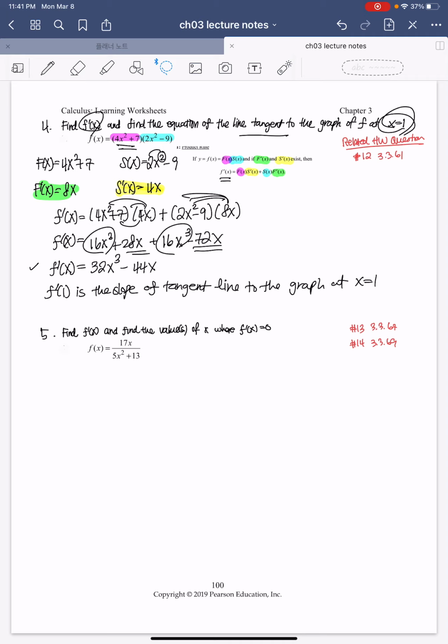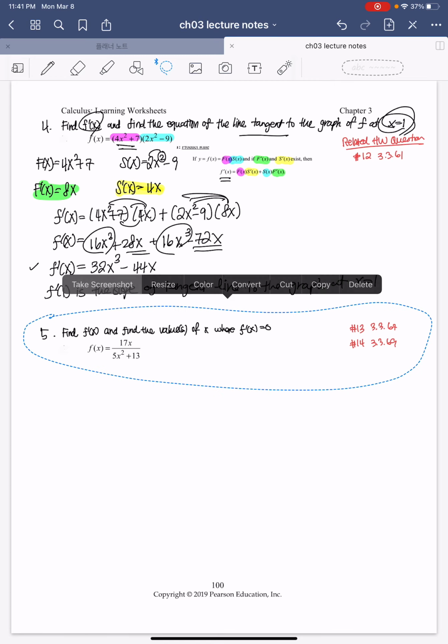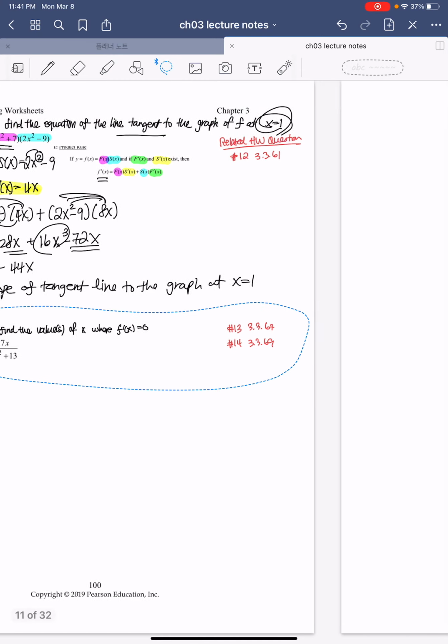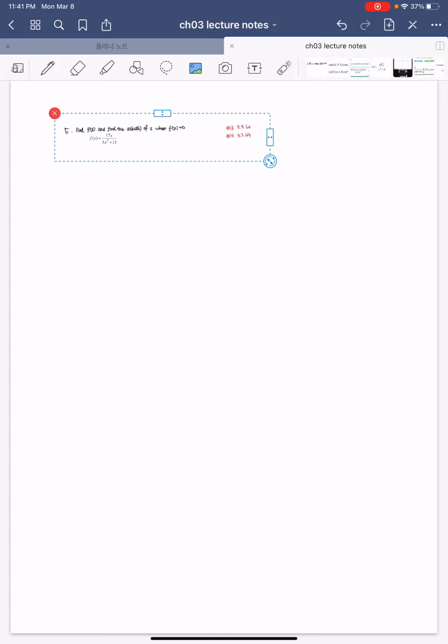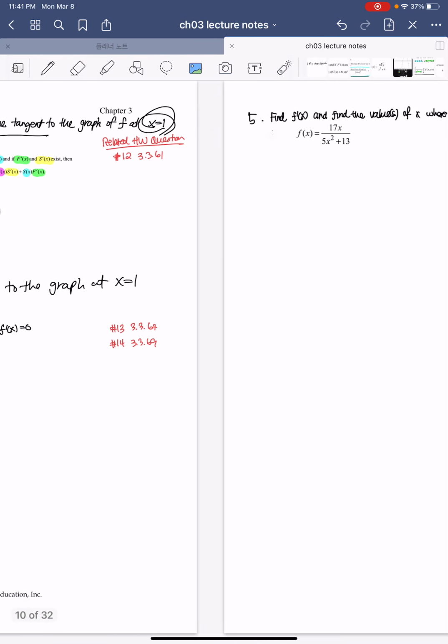I'm running out of space, so why don't I add a page, and then I'm going to move this one to the next page, add it over here, number 5, and then go back.